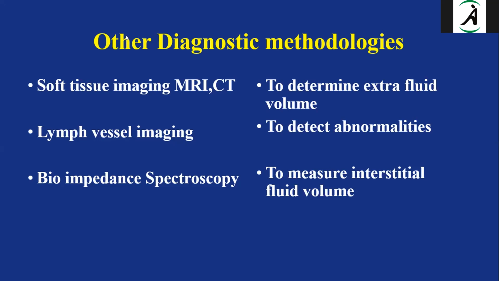But usually in palliative care we do not do all these things. This is quite expensive. So you do proper history taking, and from that you are able to find out whether the patient is having lymphedema or other edema.